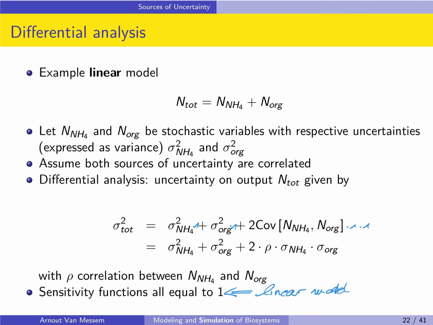If we then also use the definition of the correlation, so the correlation is the covariance divided by the standard deviation of x and the standard deviation of y, we can rewrite this formula as the variance on NH4 plus the variance on the organic component plus 2 times the correlation between both times the standard deviation of each of the components.